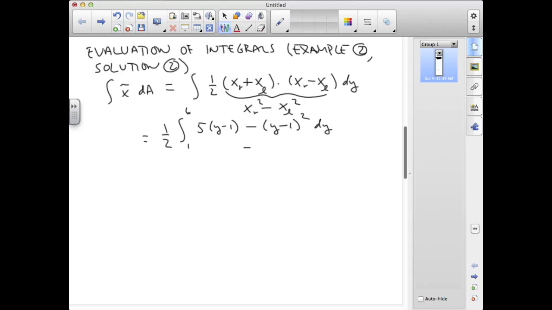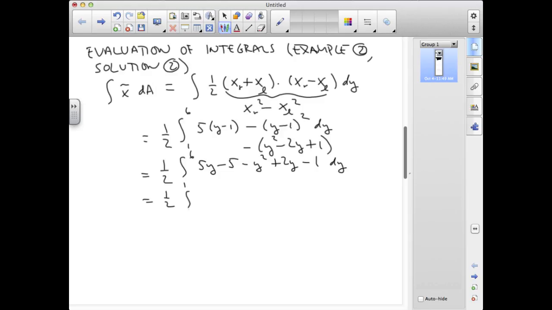If we expand out this second term, this is y squared minus 2y plus 1. And so our integral is 1/2 of 5y minus 5 minus y squared plus 2y minus 1. And we can write that as the integral of minus y squared plus 7y minus 6.